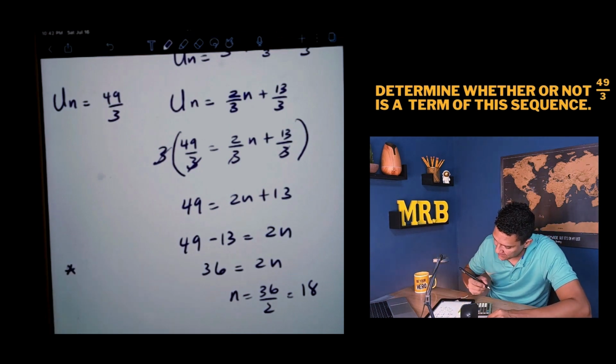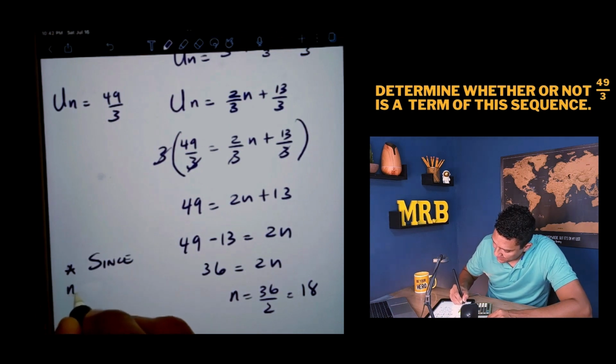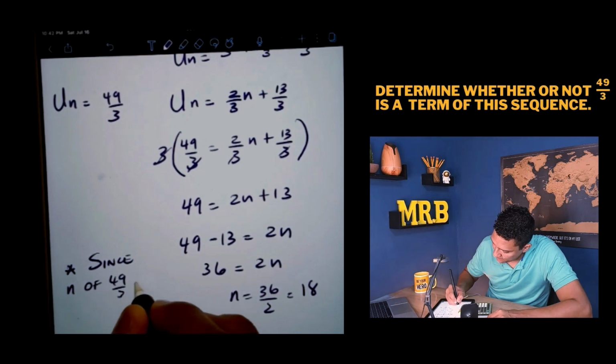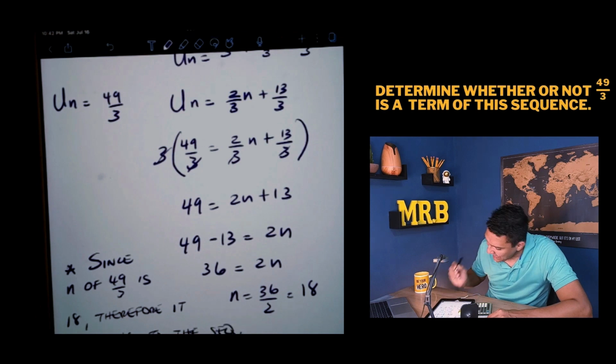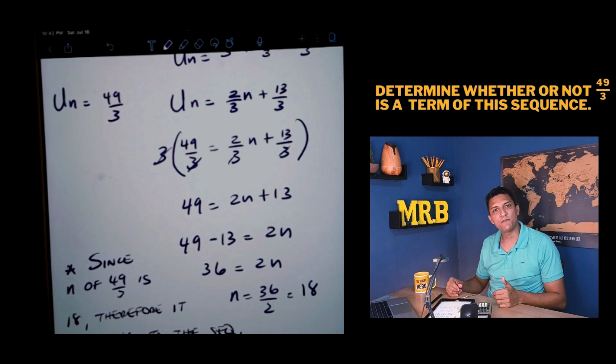Therefore, what we can say is, since n of 49 thirds is 18, therefore it belongs to the sequence.